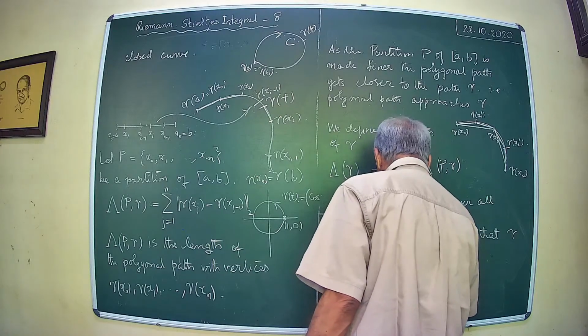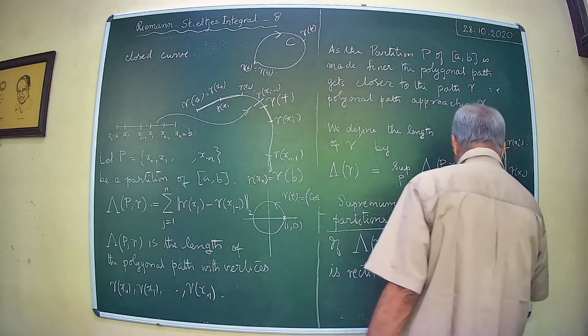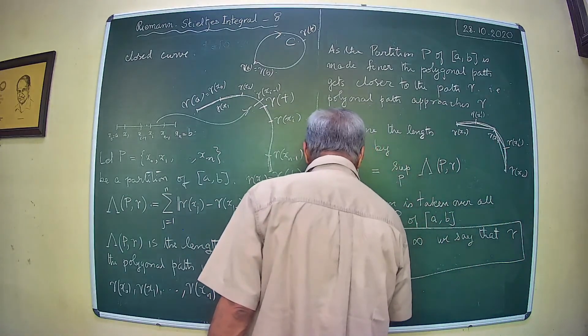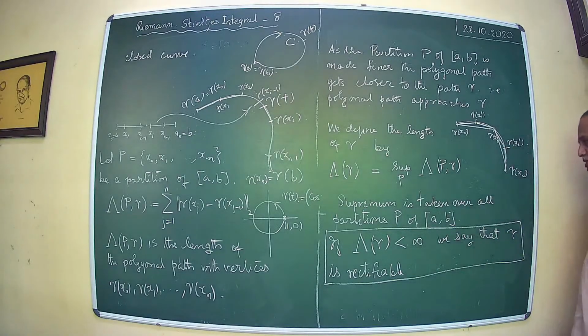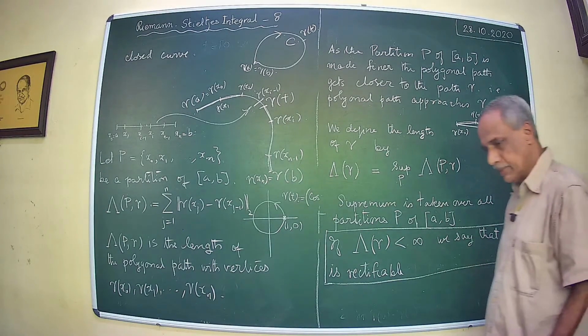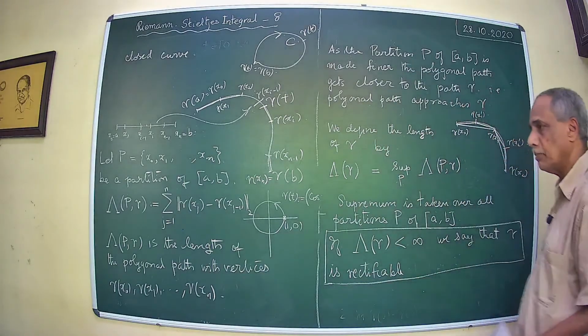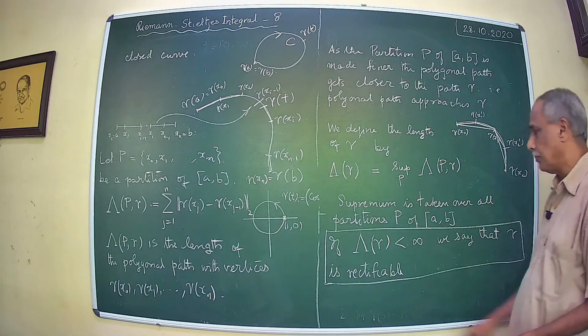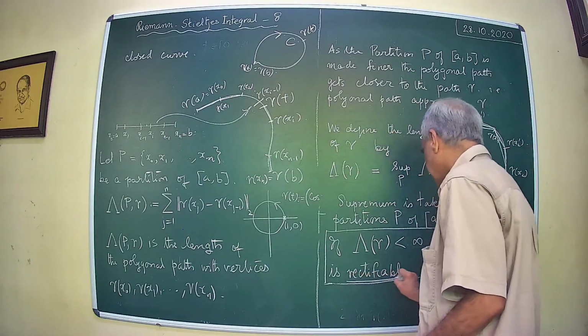So this is the important step: what you mean by a rectified curve. Gamma is a continuous map from A to B, and you compute lambda gamma, and if lambda gamma is finite, then you say gamma is rectified.